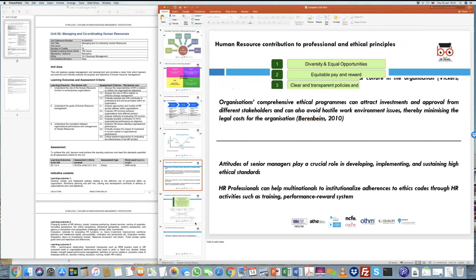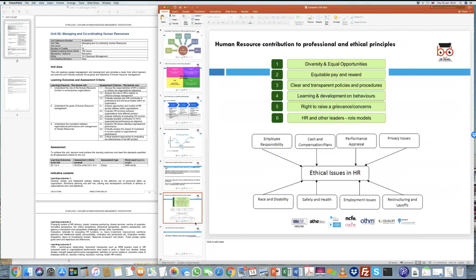Now look at these professional standards. The ethics and professional standards from an HR manager's point of view are things like equality and diversity. That means as an HR manager, you have the power to recruit people depending on the requirements, but you cannot have the bias to recruit a particular type of person.